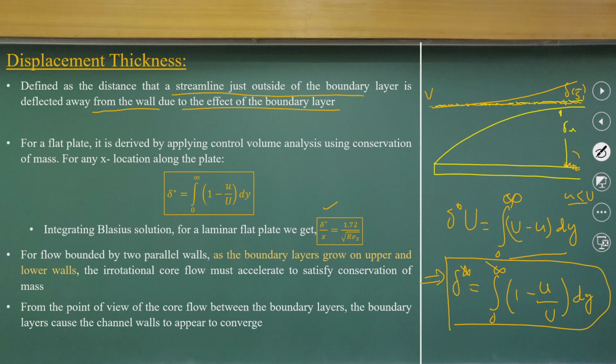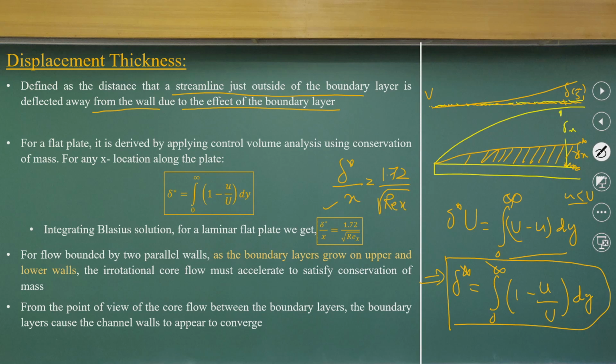So, that means we are getting another thickness, which is the displacement thickness, delta star here, which is a function of, again, the same functions, but earlier it was 5, it is just close to 1/3 of that, divided by the square root of the Reynolds number at x.